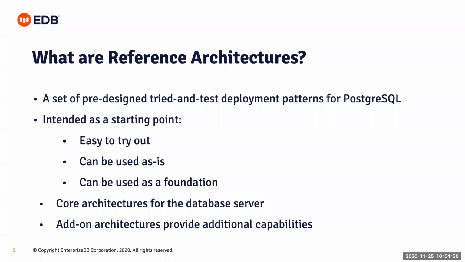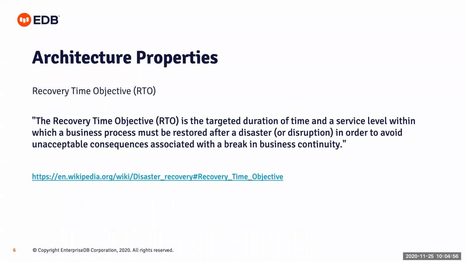So let's talk about the properties of database architectures in general. There are 4 of them. The first one is recovery time objective, which in short is how long it takes from when your primary database server has failed until you are up and running again. That is what RTO actually is.